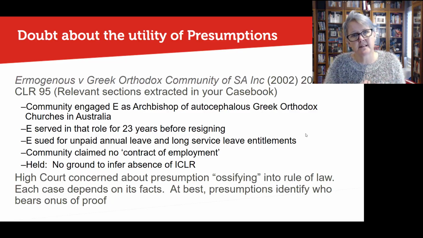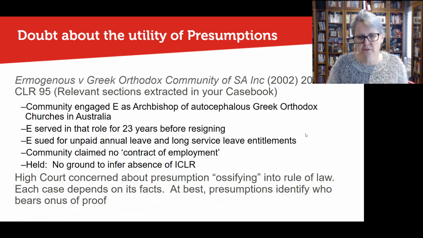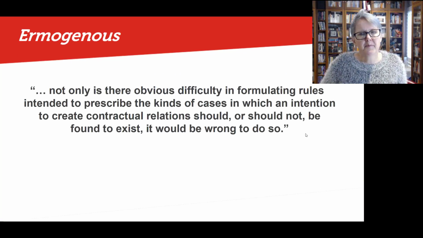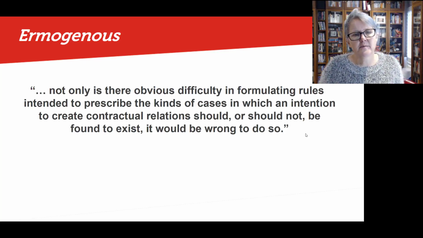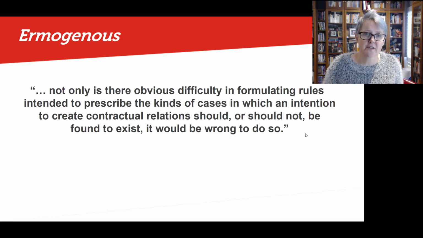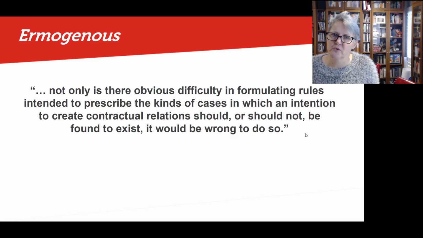But the tenor of the judgment suggests the latter, and their honours express concern that a presumption that a legal relationship isn't intended in a particular context could have the effect of, and their words were, ossifying the law. At best, the value of the presumption is really to identify who has the onus of proof. In Ermogenous, the court said, not only is there an obvious difficulty in formulating rules intended to prescribe the kind of cases in which intention to create contractual relations should or should not be found to exist, it would be wrong to do so.